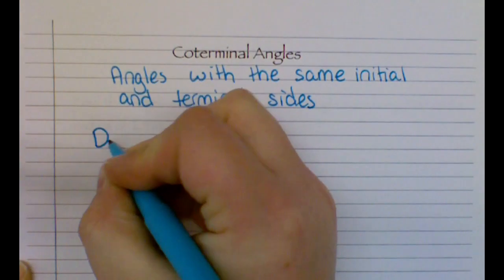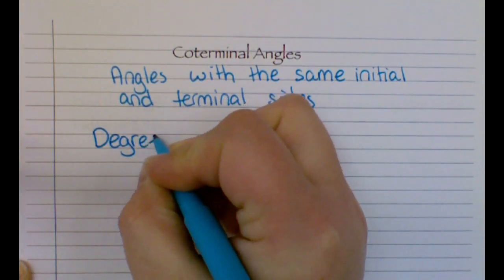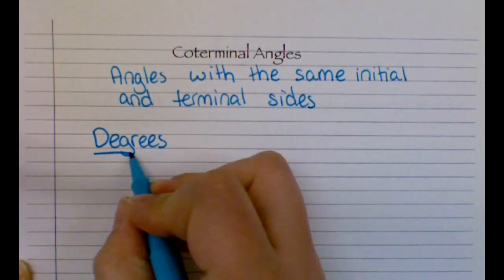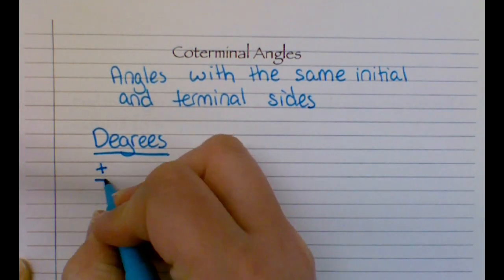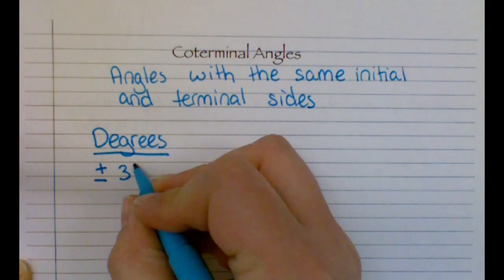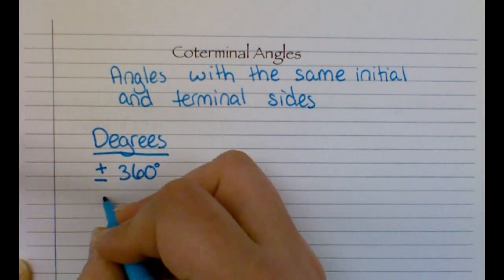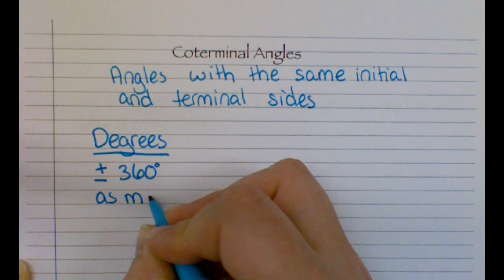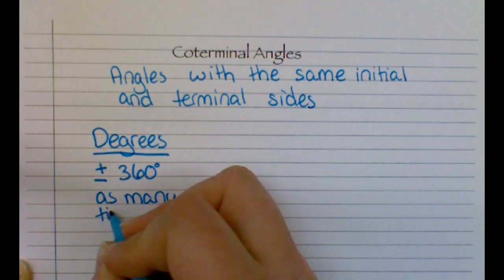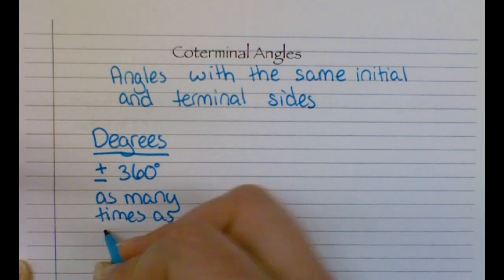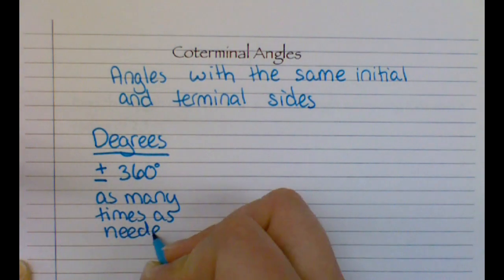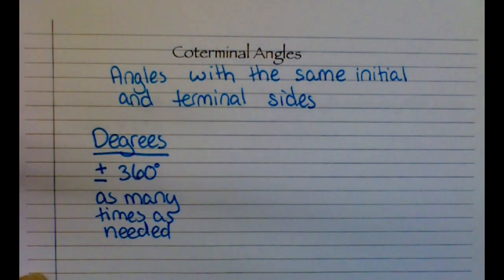So if you are working in degrees, to find coterminal angles, you just add or subtract 360 degrees as many times as you need. That's that 360n, because I can do it as many times.